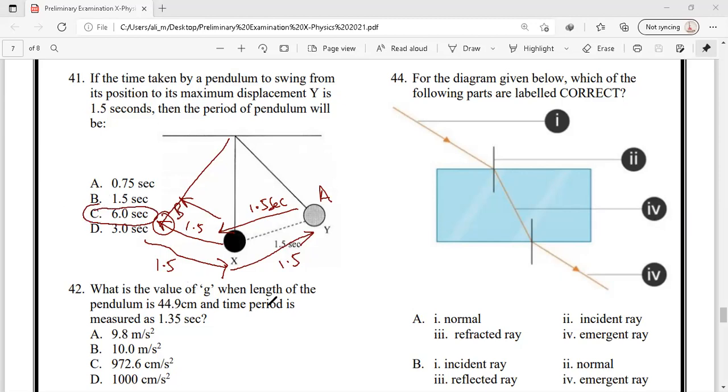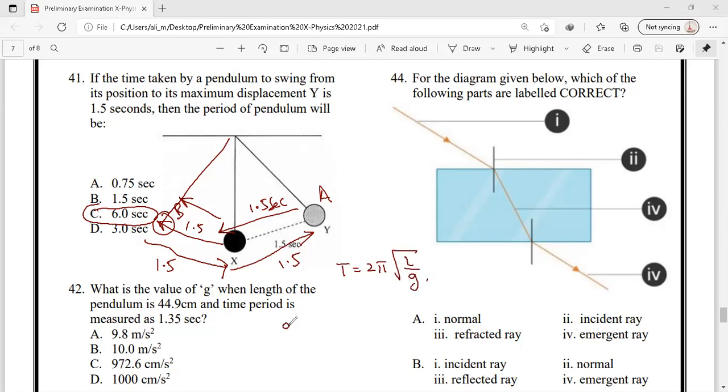What is the value of g when the length of the pendulum is 44.9 centimeters and time period is 1.35 seconds? The formula for the time period of a simple pendulum is 2π square root of L over g.